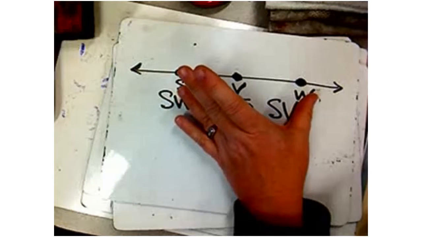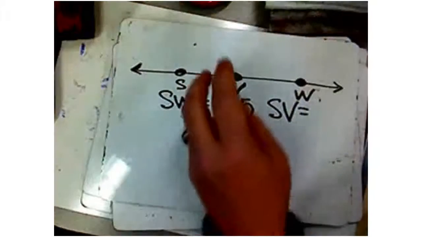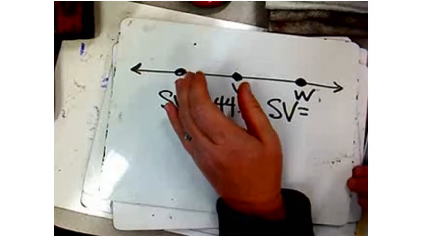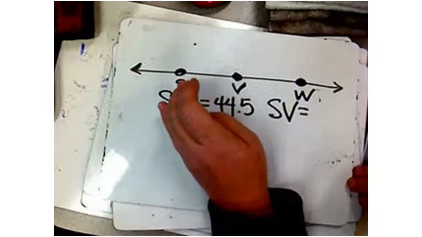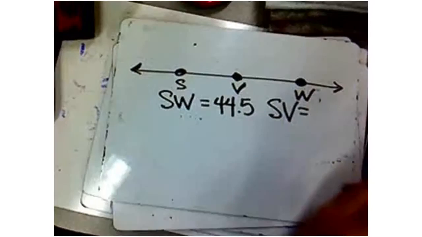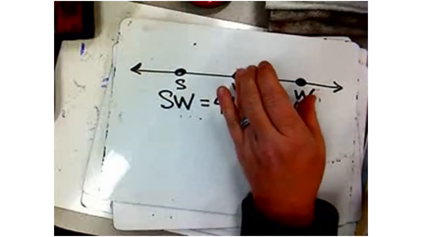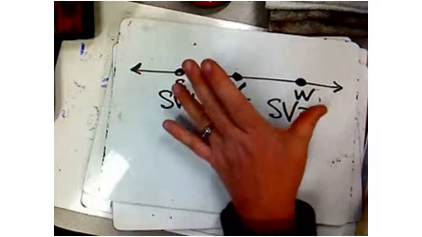Does that make sense? Use your drawing to help you. Use your tactile sense to help you. Then you just explore it, right? This is our E of EPSI. So there is our equation. SV plus VW equals SW.